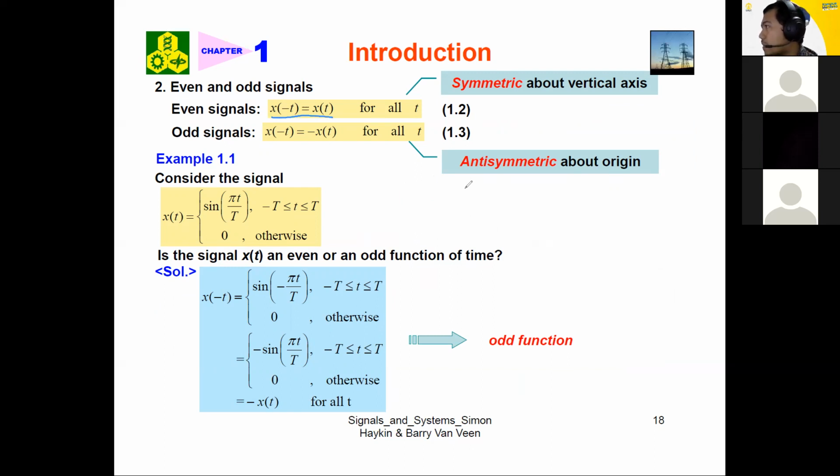For example, we draw like this. Even signal means that this is the positive region and this is the negative region, meaning t becomes positive, and this is t becomes negative.